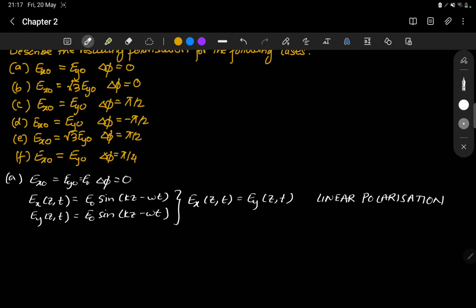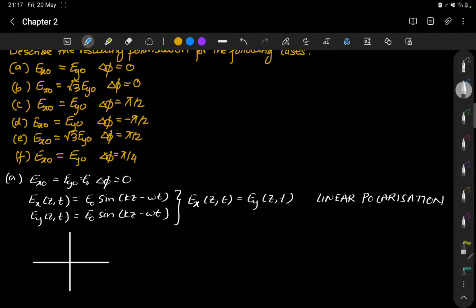Let us draw the coordinate axes and then we will see the polarization. So we have linear polarization of the electric field, and this is the resultant electric field. This angle happens to be 45 degrees.